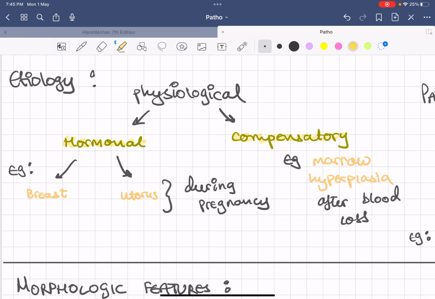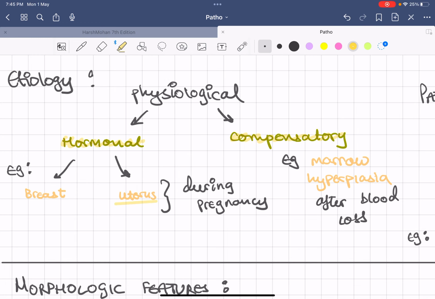When a woman is pregnant, her uterus not only increases in size to accommodate the baby inside, but the cells of the uterus also increase. The same occurs with the breast. During lactation, not only does the size of the breast increase, but the number of cells in the breast also increases. Since these are dividing cells, there is hypertrophy as well as hyperplasia occurring together.